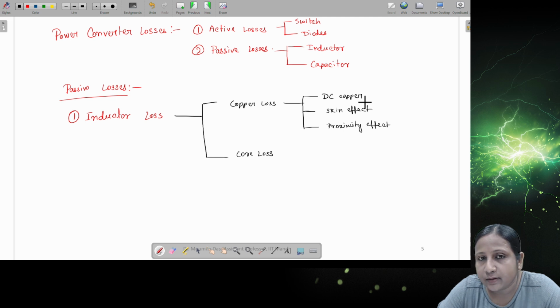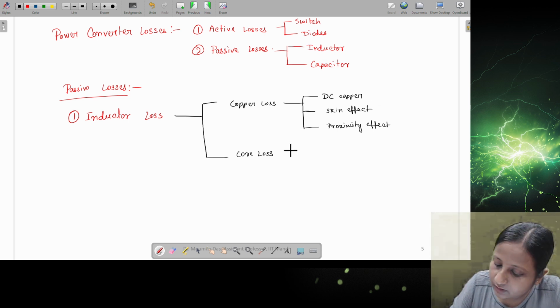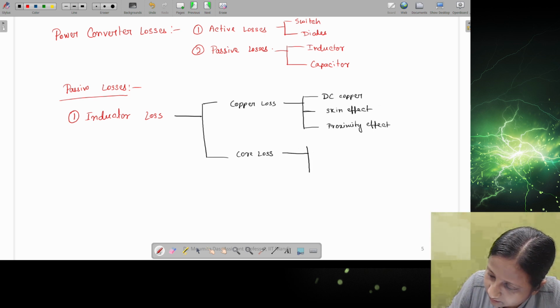How the lines are placed and the line current will determine whether there is skin effect and proximity effect, and because of that there will be losses, which come under copper losses. You can go into the details of this particular component to know how these losses can be calculated; I am not discussing it further. Now core losses, you already know about these also: hysteresis loss and eddy current loss.